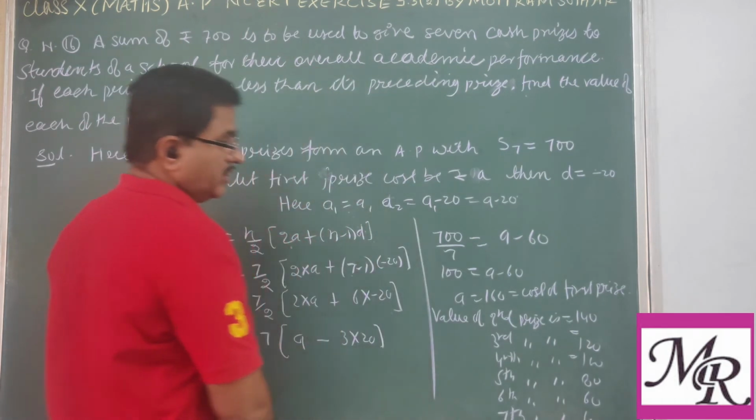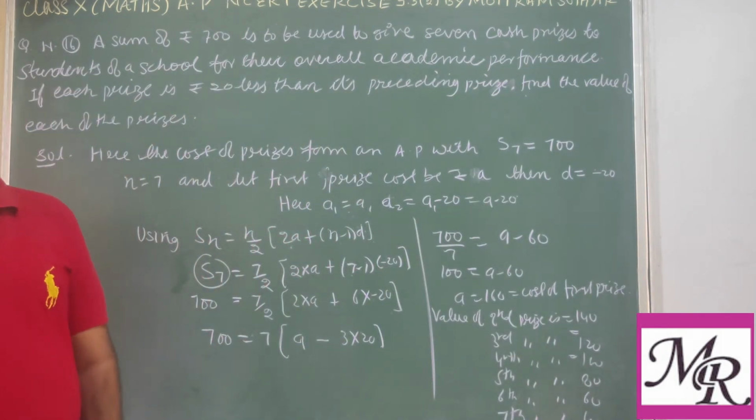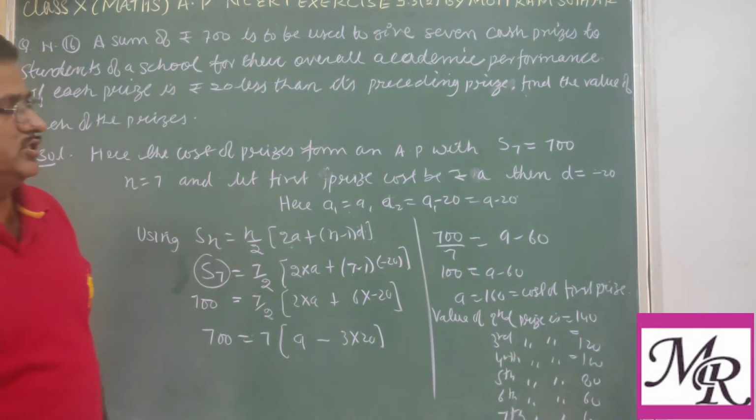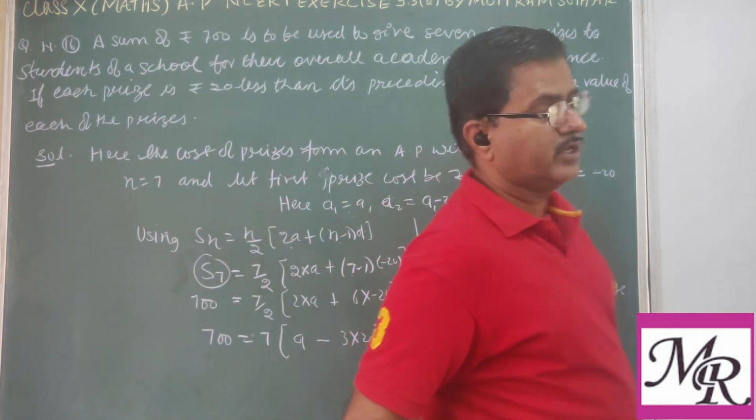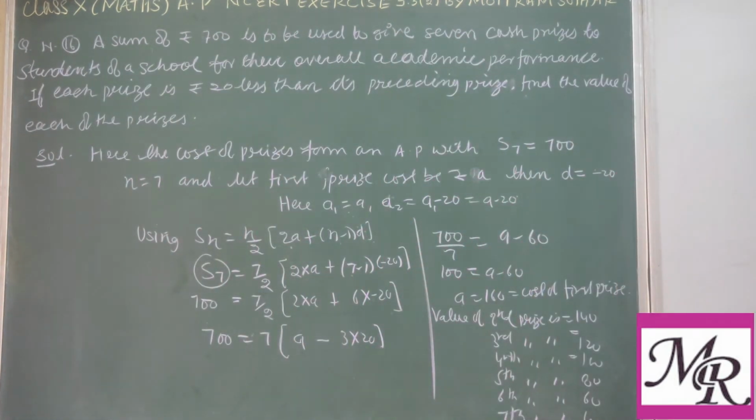So in this way you can find the value of the prizes by using the concept of arithmetic progression, especially the sum of n terms of an arithmetic progression.